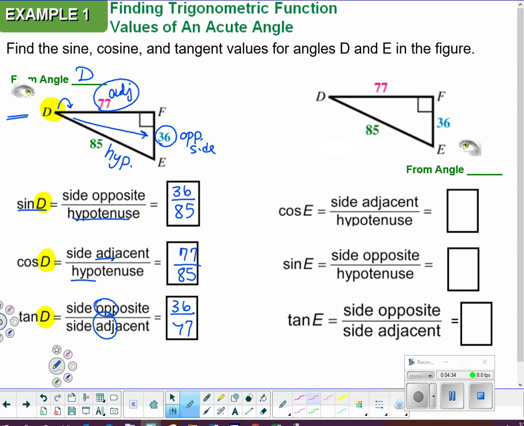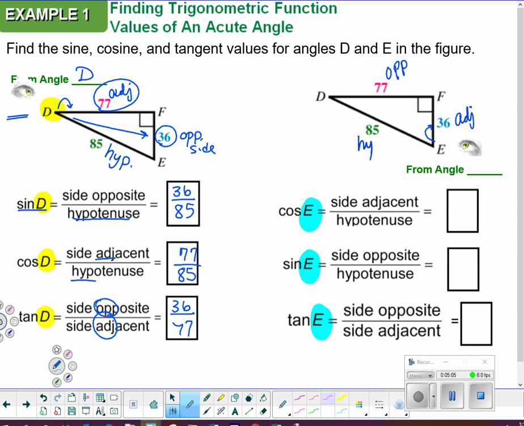The second column asks for cosine, sine, and tangent, but we're now looking from angle E. So we have to position ourselves down here at angle E. Now our point of view takes a little different perspective. The side opposite now becomes the 77 unit length side. And 36 is adjacent to my angle E, so this is the adjacent side.